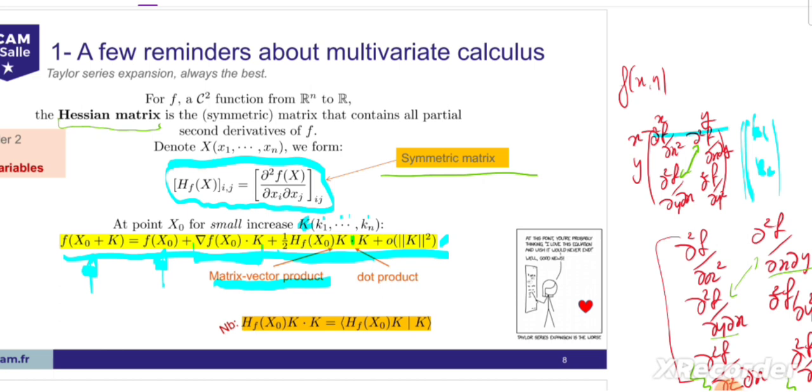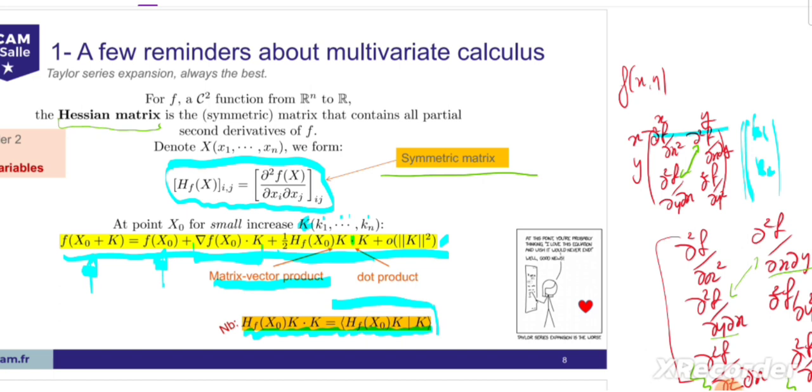All right, and another way to write this, the Hessian matrix times k vector dot product with the k vector, we can write it again with the inner product notation that we've used last year, maybe to be clearer about what comes multiplied with what, and what kind of multiplication we are doing at that point.